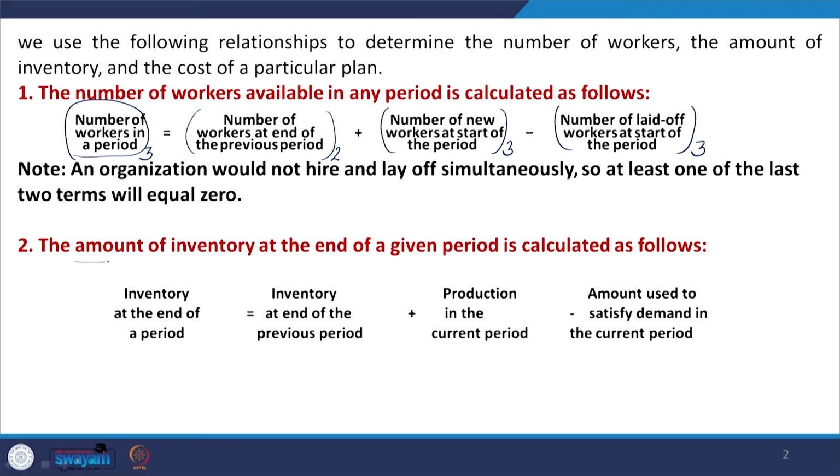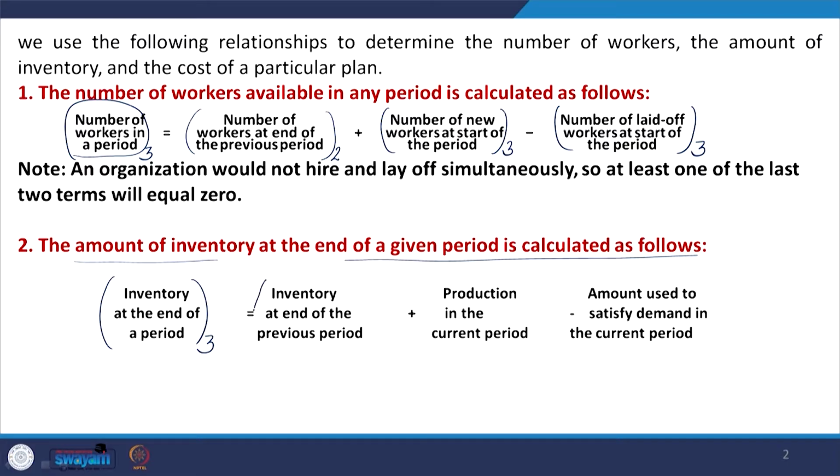The second calculation is the amount of inventory available at the end of a given period. Similarly, let us calculate the inventory at the end of the third period.